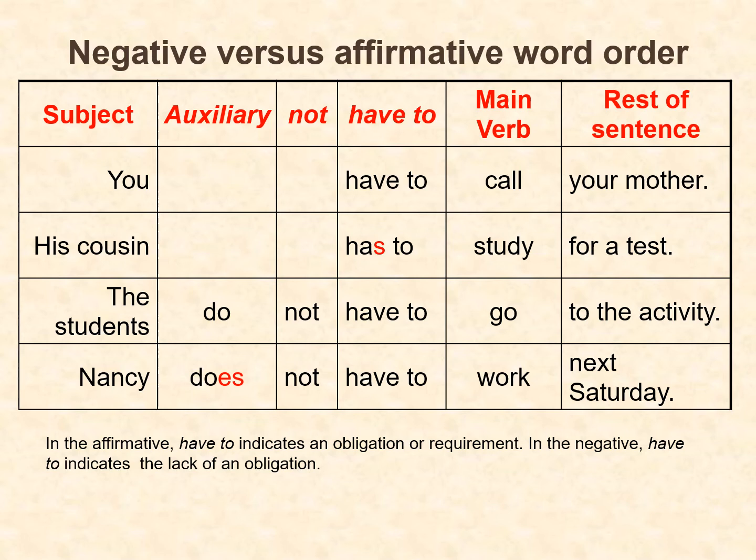In the affirmative, have to indicates an obligation or requirement. In the negative, it indicates a lack of obligation, and therefore sometimes it indicates something is optional. So in the sentence, the students do not have to go to the activity, they are not required to go, but they have the option to go if they would like.